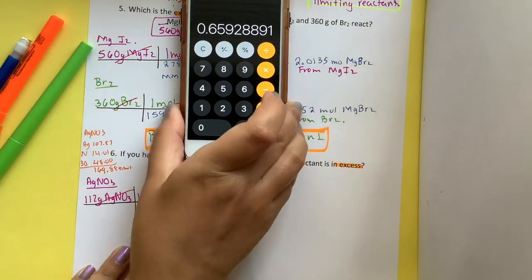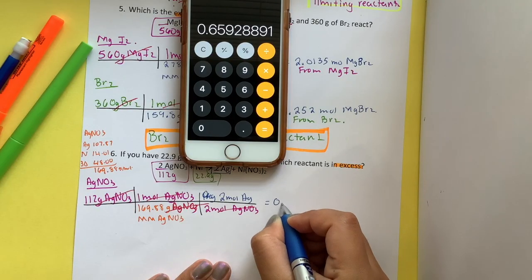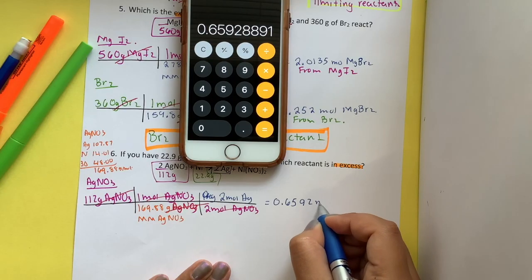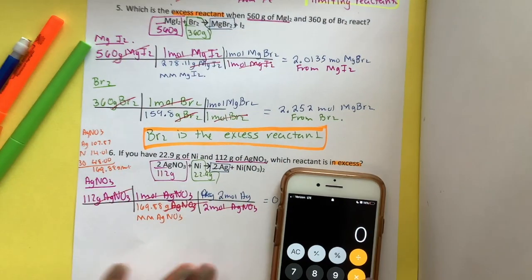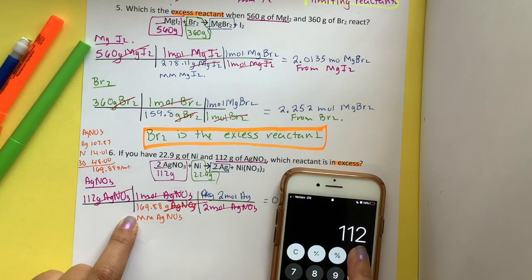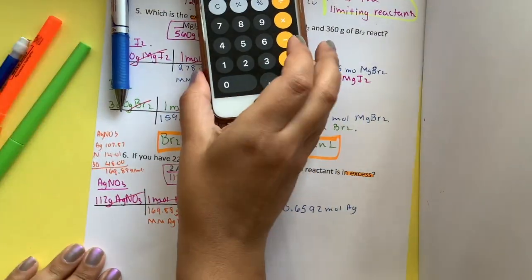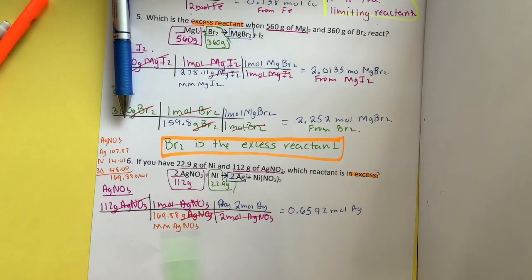So enter. And it gives me 0.6592 moles of silver. Let me just make sure I did it right. Divided by 169.88. I did. Okay. Now I'm going to do the same thing but looking at my other reactant, which is nickel.